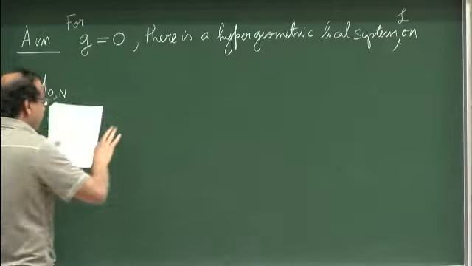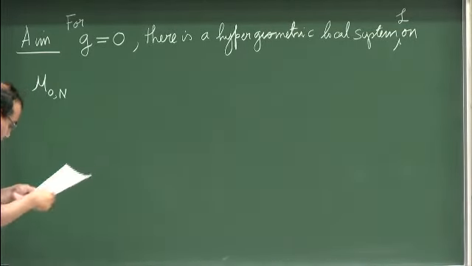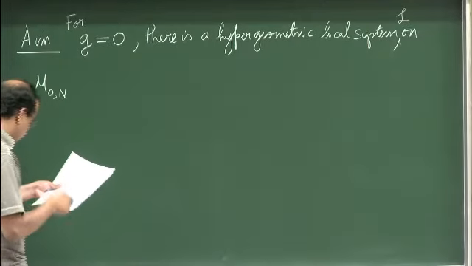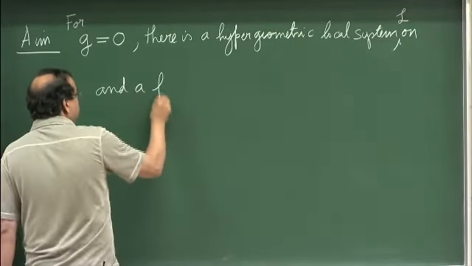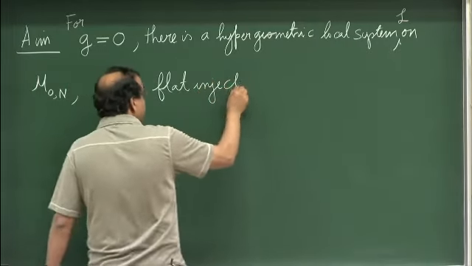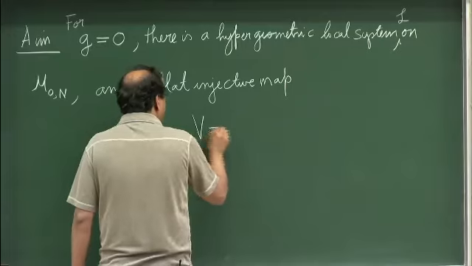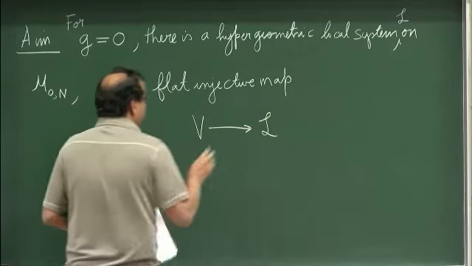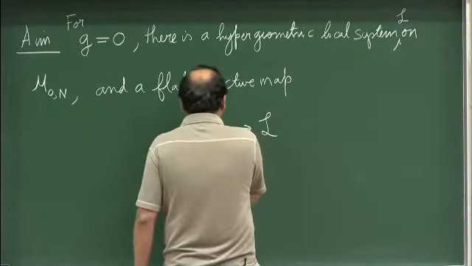One of the first things I'll do is define the hypergeometric local system right away. But let me write out a flat injective map, V to L, which lands in such injective.